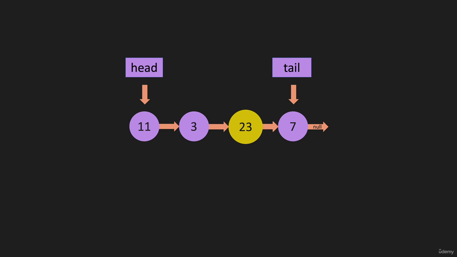This is at the index of 2. If we're going to find something at the index of 2, once again we have to start at the head and iterate through. So whether we are looking for something by value or looking for it by index, it is O of n. This is a difference between linked lists and arrays, because arrays, we can go to the index as an O of 1.